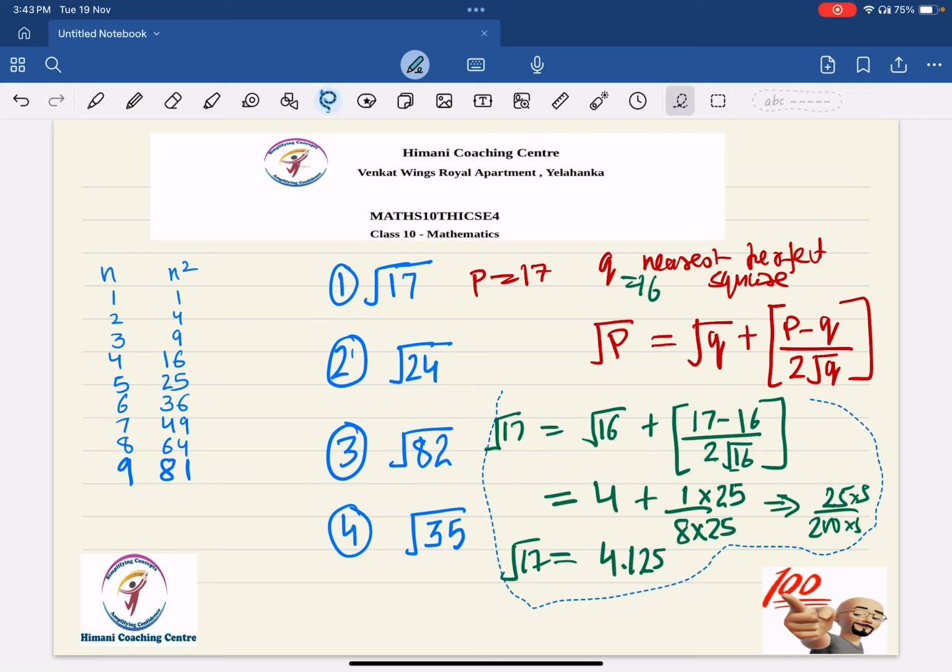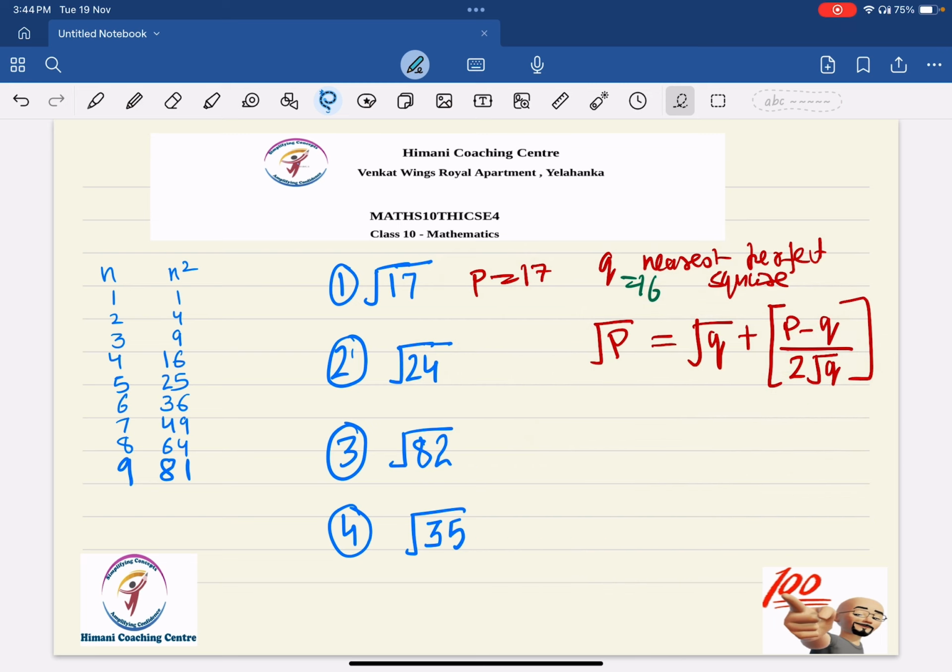Okay, so here we found the square root of 17, what was P, what was Q. Now let us look at question number 3, which is 82. Or let me take a number which actually is smaller. So let us look at 24. So what is P here?